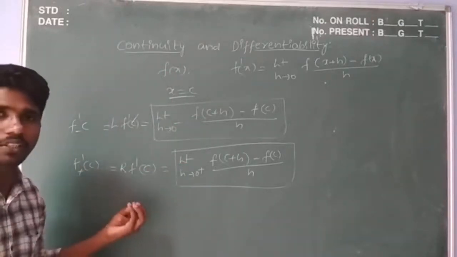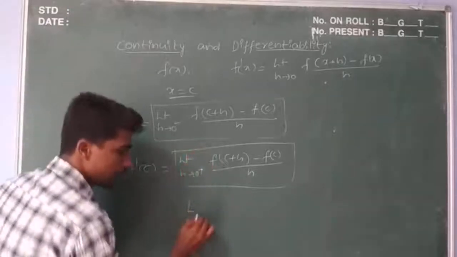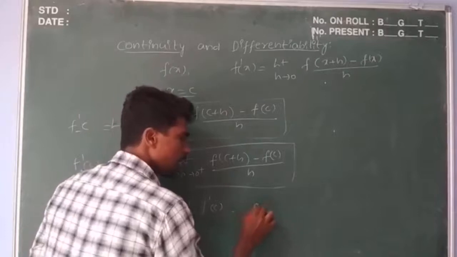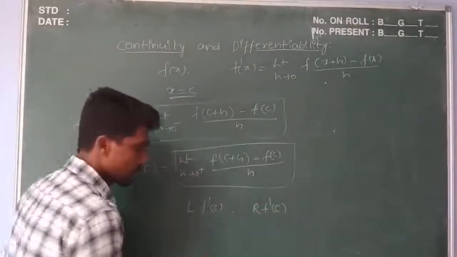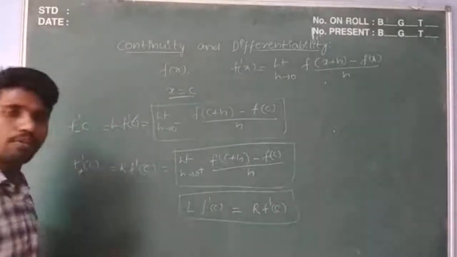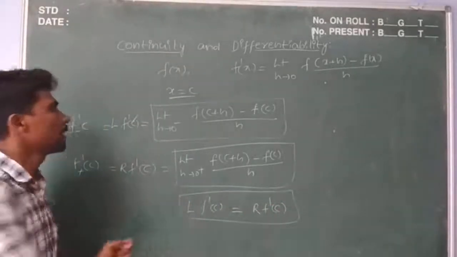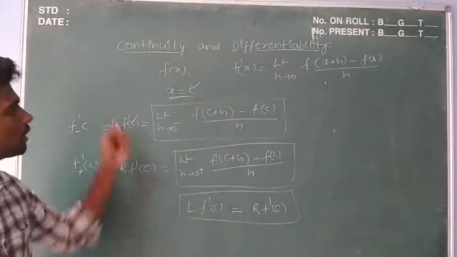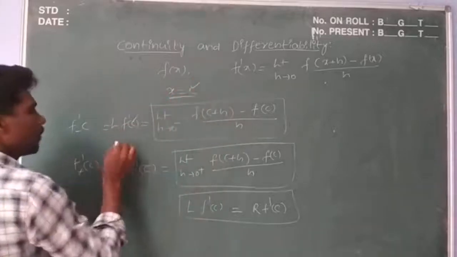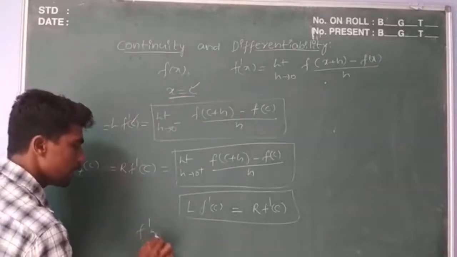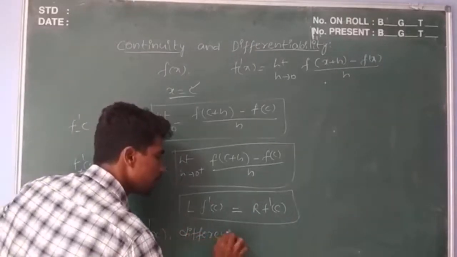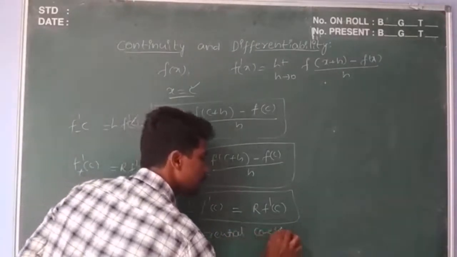When we say the given function is differentiable, if the left derivative exists and the right derivative exists and both are equal, then we say the derivative of the given function exists at a particular point C. Now the derivative is also called differential coefficient. F dash of x is also called as differential coefficient.